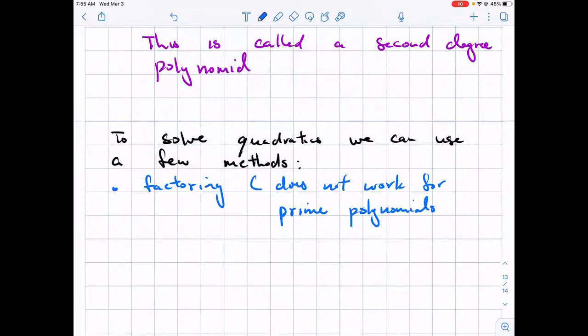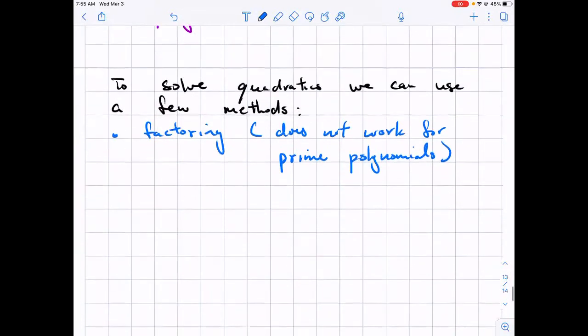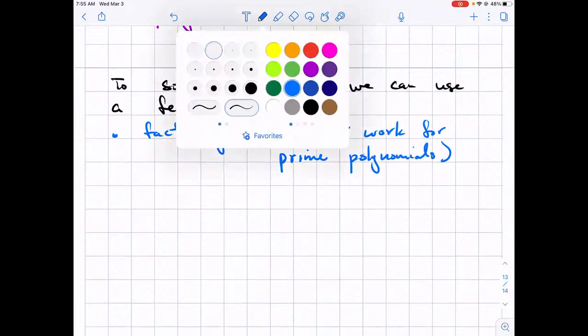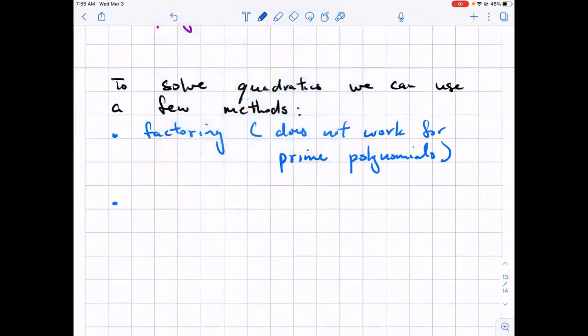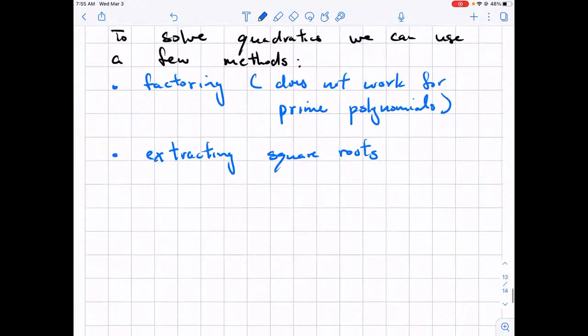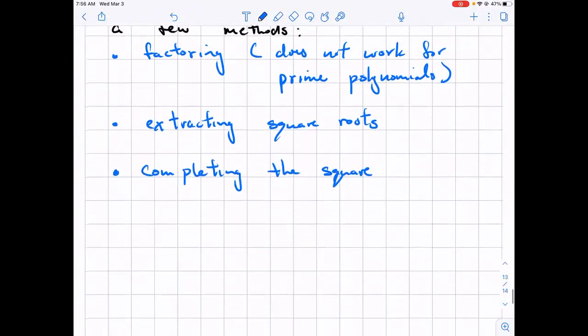Okay? Meaning it doesn't always work. Then we have what is called, I don't think this is a method, but I'll try, extracting square roots. Yeah. And the two that are 100% works are completing the square and probably your favorite, the quadratic formula.